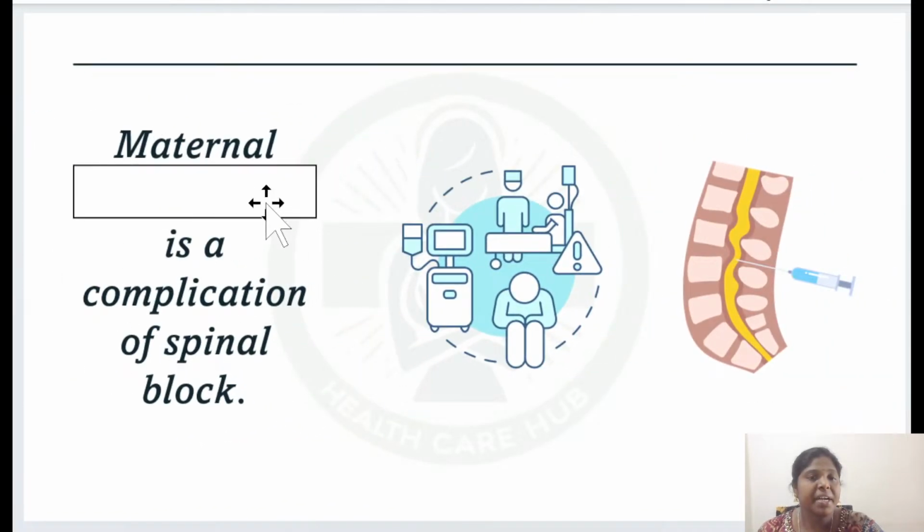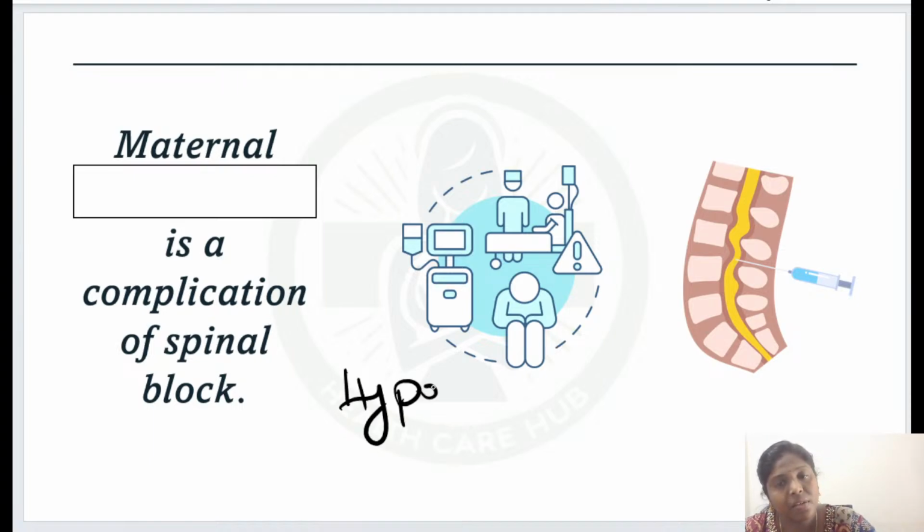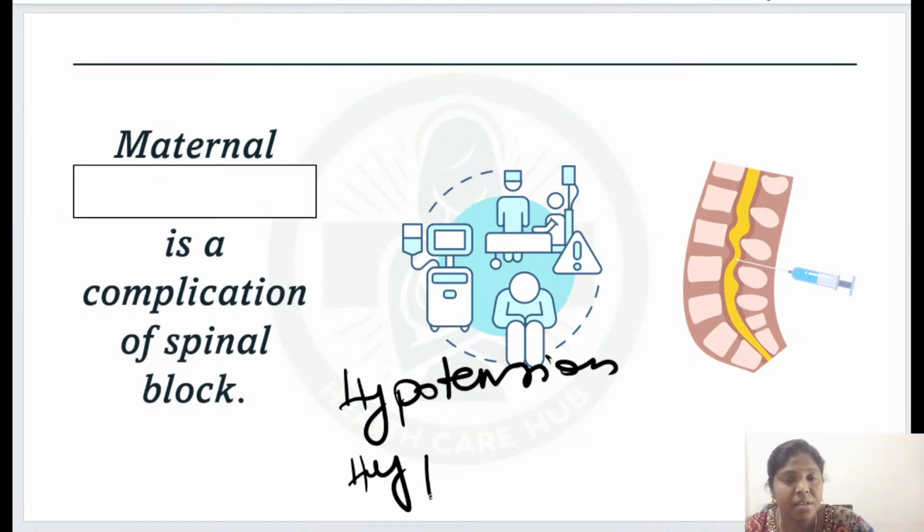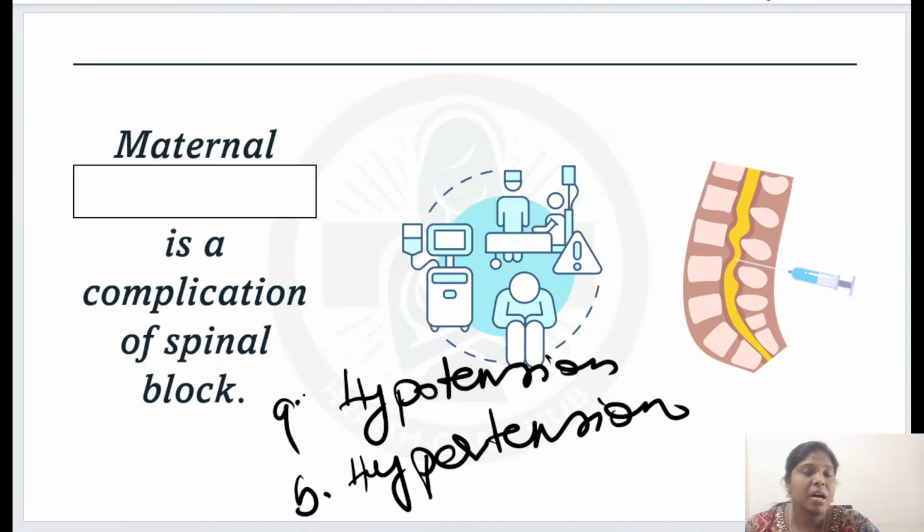Next, maternal dash is a complication of spinal shock, whether it is hypotension or hypertension. Maternal hypotension or hypertension is a complication of spinal shock?